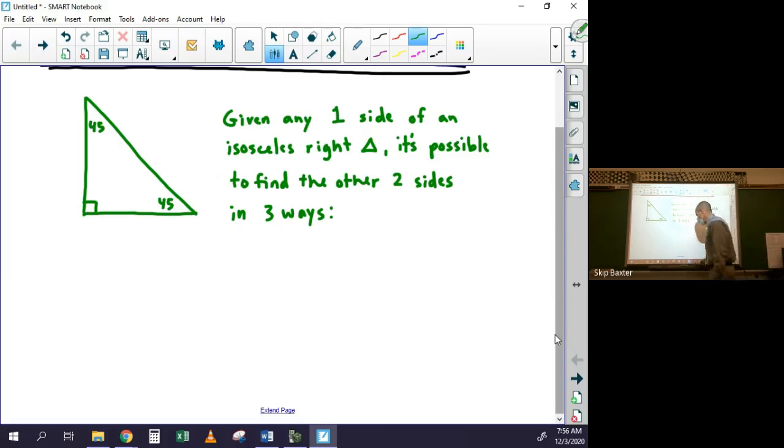Okay, so the first way would be just the Pythagorean theorem.